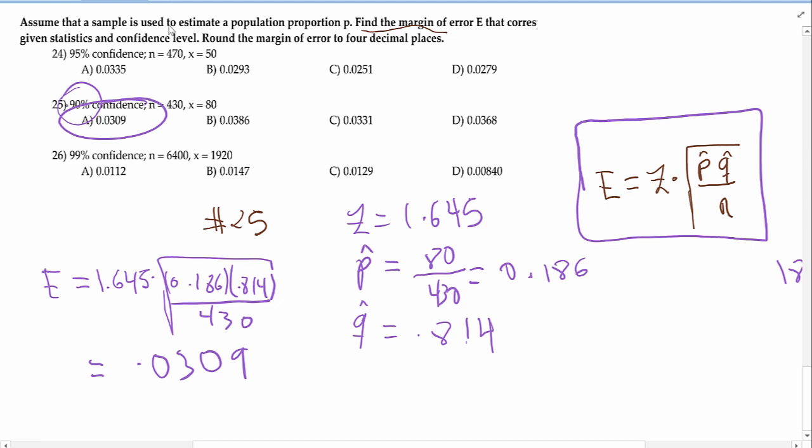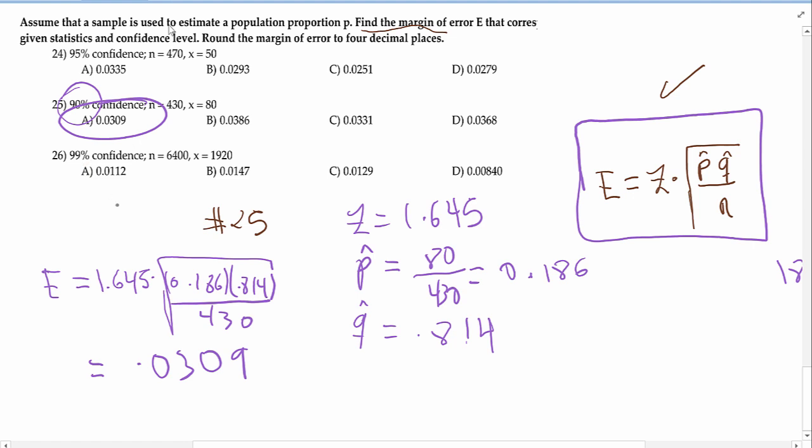Okay, so again we get the idea. For problem 26, let me just set up the problem so we can get to other exercises. In problem 26, what changes? Still we're trying to calculate the error, and the confidence level now is 99%.